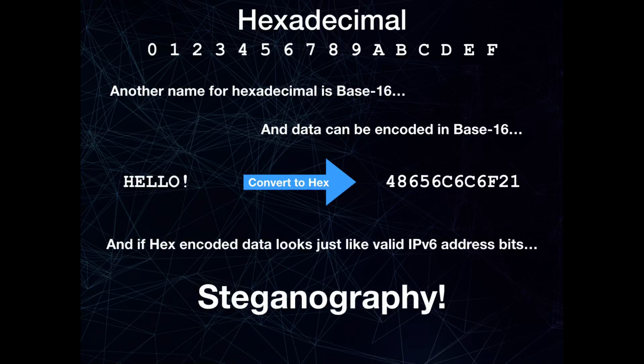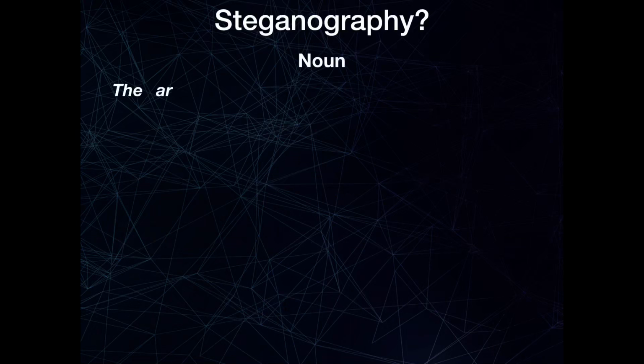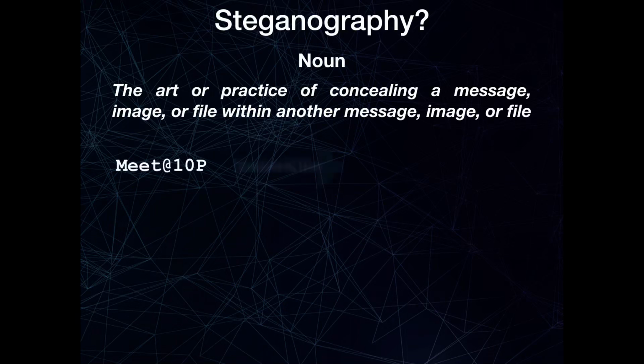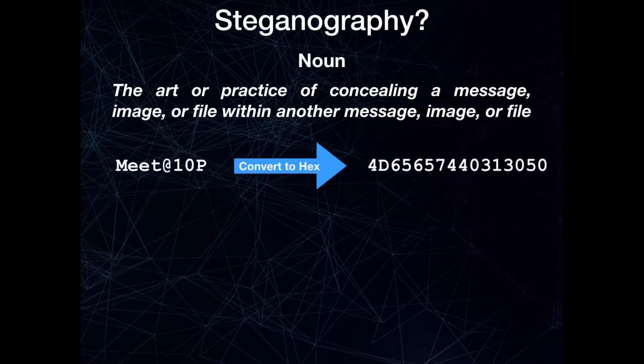If you don't know what steganography is, it's simply the art of placing one message within another. So an image within an image, text within an image, etc. So in this case, we have "meet at 10 p.m." converted to hex. We install it in an IPv6 address, and it vanishes.